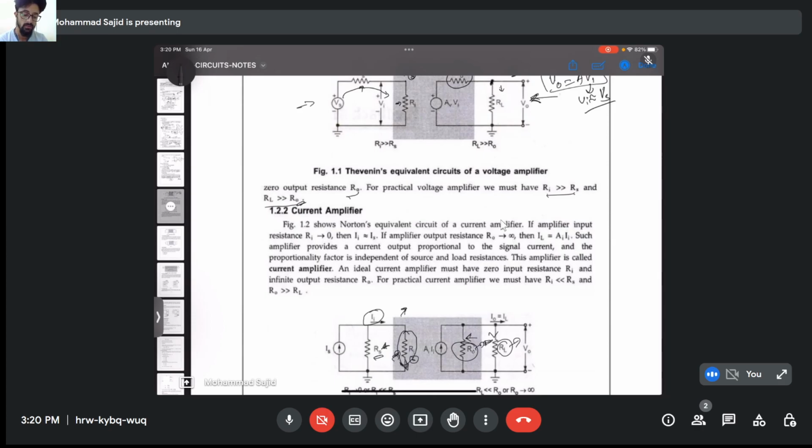Your whole amplified current will flow through the load. So this amplifier is called a current amplifier. An ideal current amplifier must have zero input resistance and infinite output resistance, as I said. For practical cases, Ri should be very, very less than Rs, and R naught should be very, very large than RL.